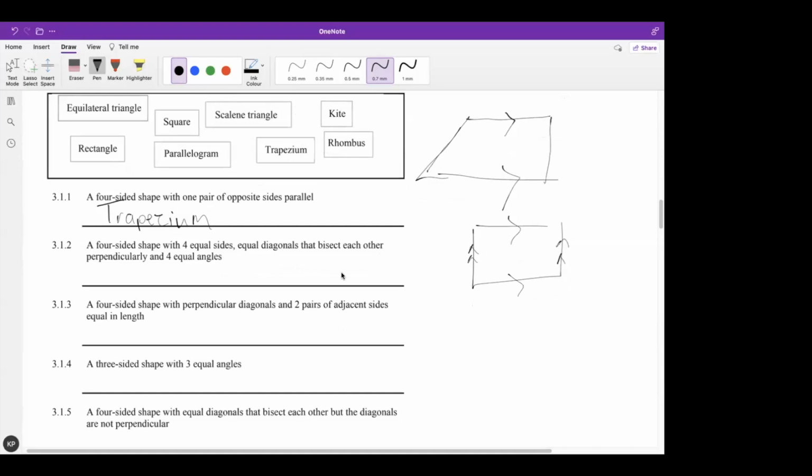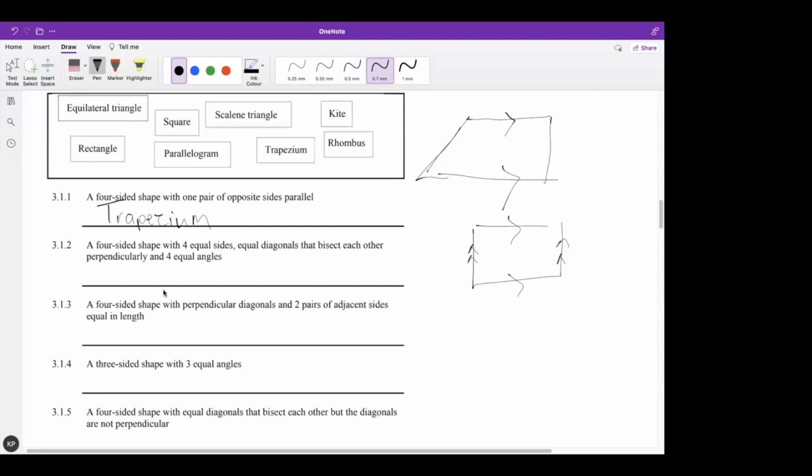As I was saying, thanks, Chichi. With the other shapes you guys were talking about, all the sides have to be parallel, not just one pair, both of them. So the only shape that has one pair of parallel sides is a trapezium. So our answer for the first one is trapezium.